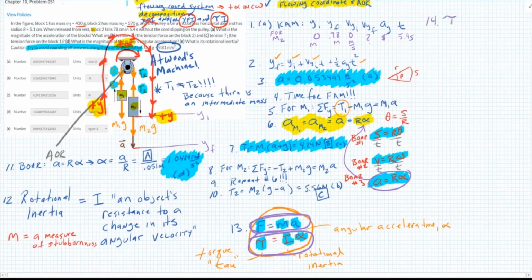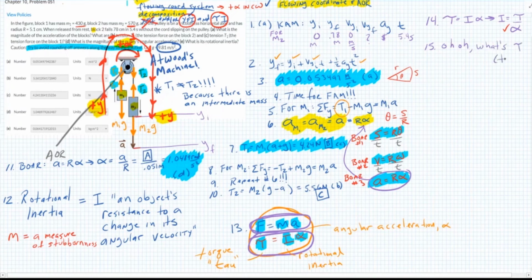since torque equals I alpha, that means the following. Inertia is simply going to be torque over alpha. And here's great news. I know alpha. Alpha is known. And then number 14, I don't know torque. So number 15, what's torque?